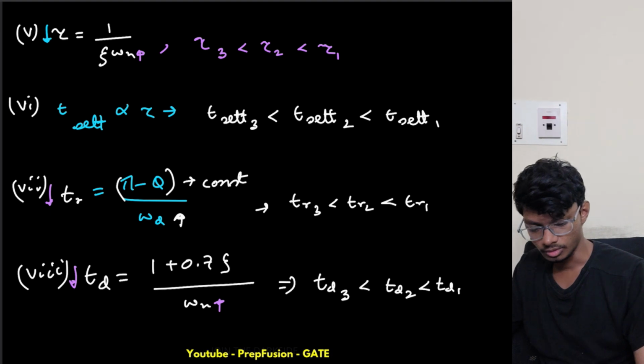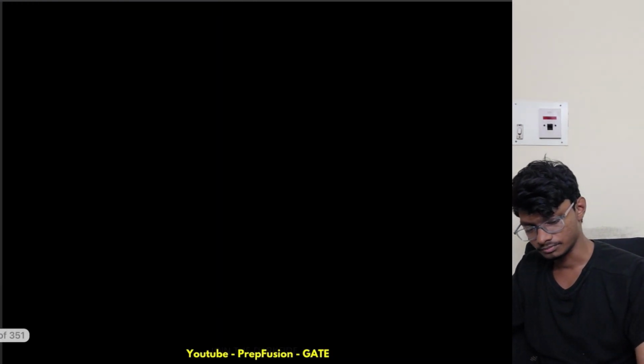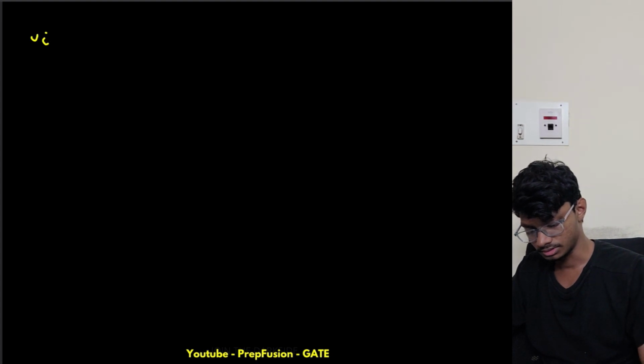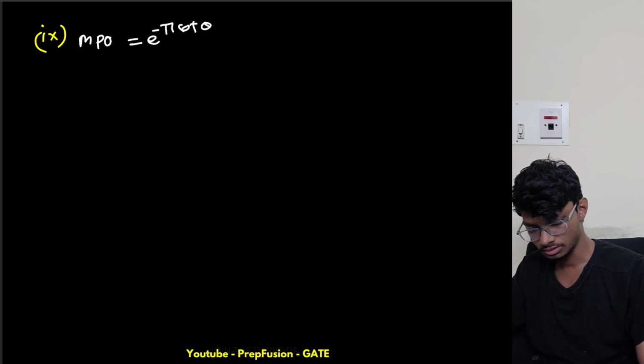Now what about my MPO? MPO will be constant as theta is constant. So this is my 9th parameter, MPO, equals e raised to the power minus pi cot theta. Now MPO will be constant because theta is constant, right?